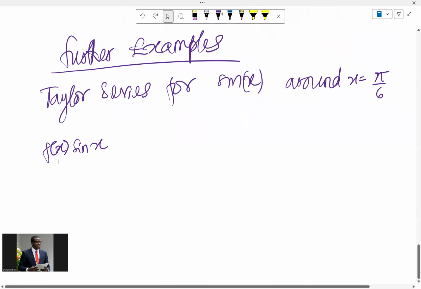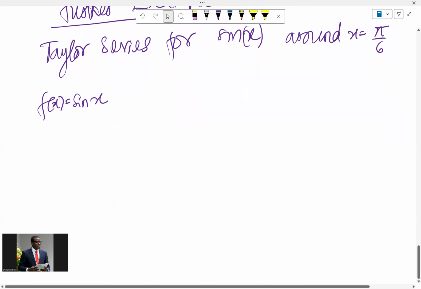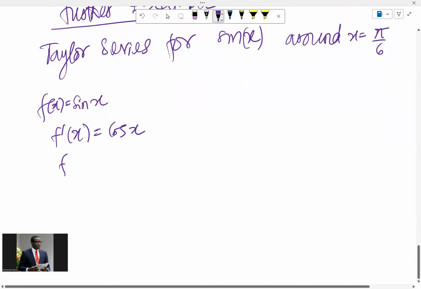So now that f of x is sine x, f prime of x is cos x. When you differentiate sine x, you get cos x. f double prime of x, differentiate cos x, you get minus sine x. Then f triple prime of x, differentiate minus sine x, you get minus cos x.